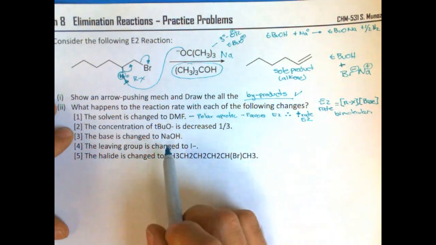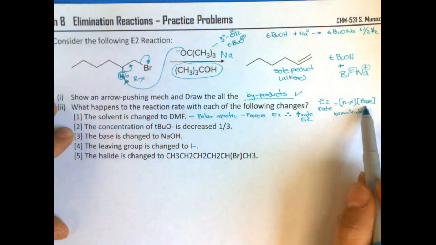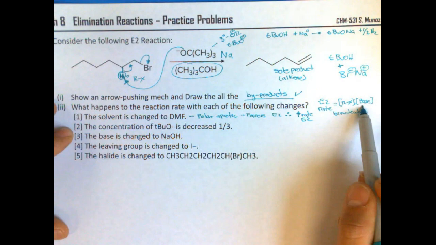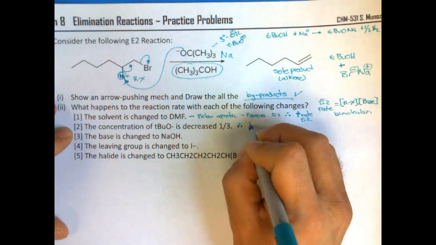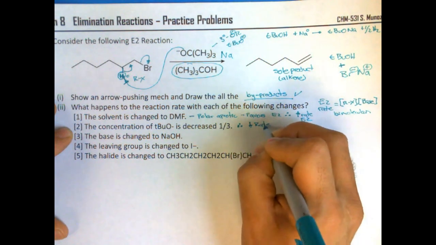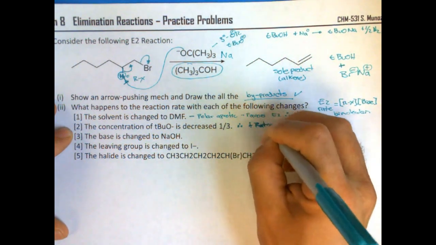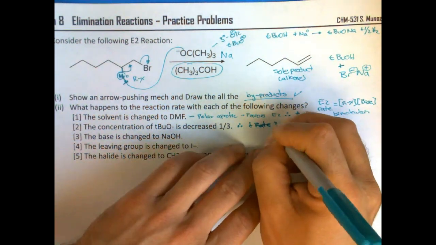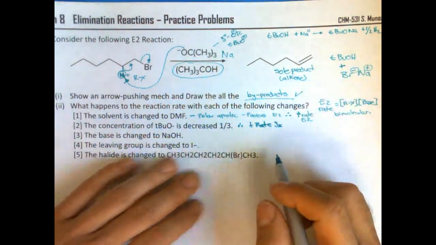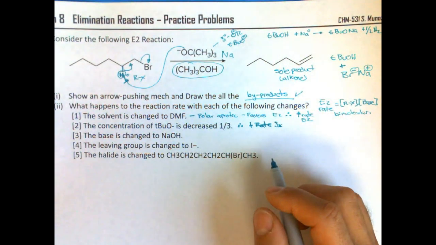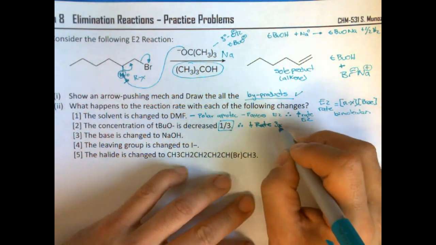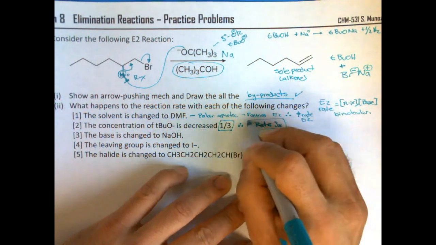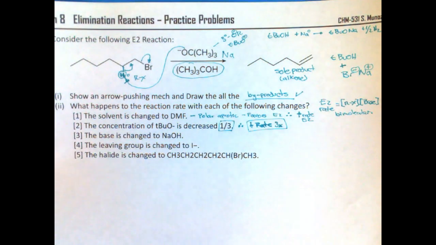Now, what about if the concentration of t-butoxide is decreased by 1/3? We know that in E2 the base is involved in the rate determining step, and so if we decrease the base by 1/3, this will result in a decrease in rate by 3 times. This is important to take into account.